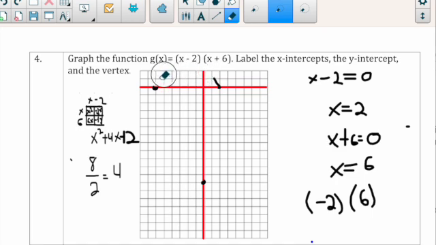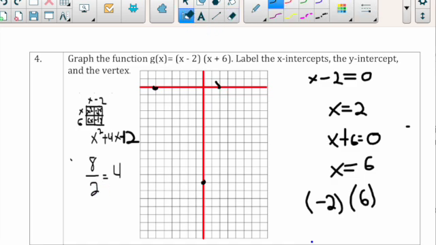So the amount of space from negative 6 to positive 2 is 8. Then I divided it by 2. So I know that the vertex is going to be 4 points away from this x-intercept and 4 points away from this x-intercept. 1, 2, 3, 4, because remember it's in the middle of those 2 points, okay?